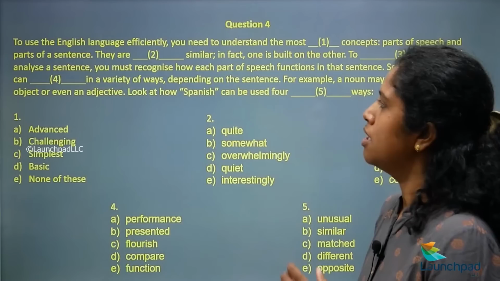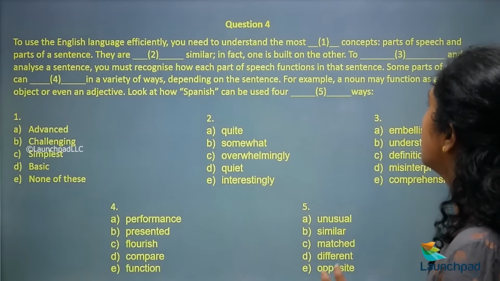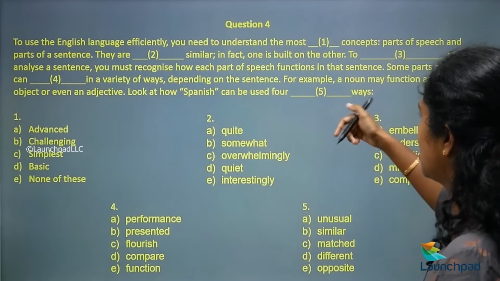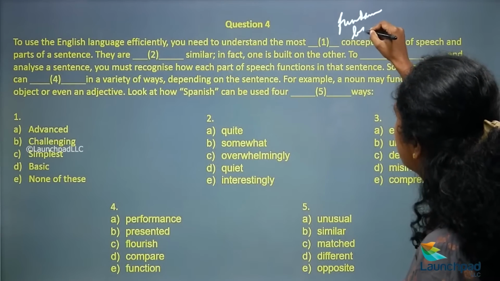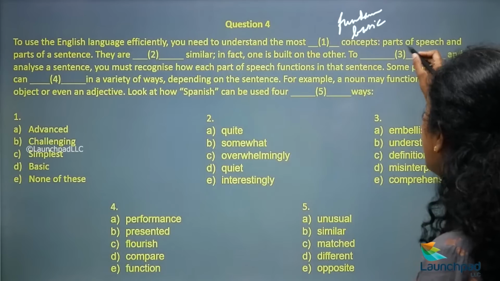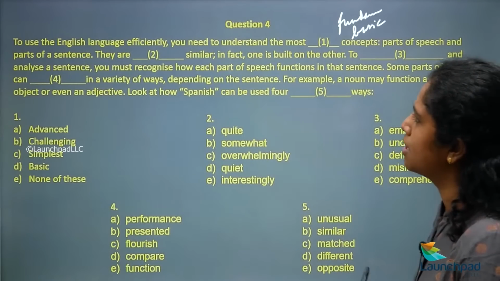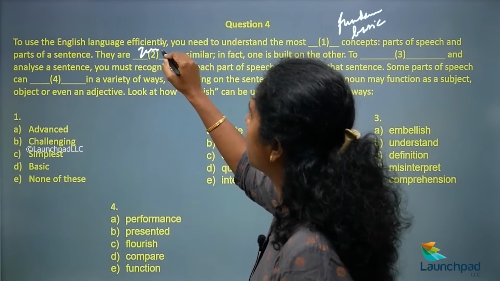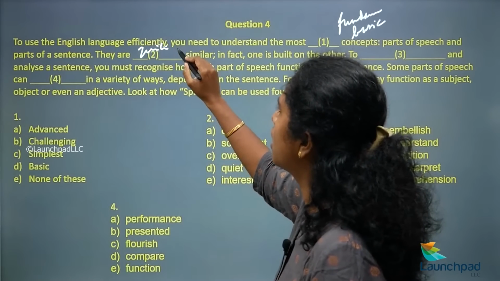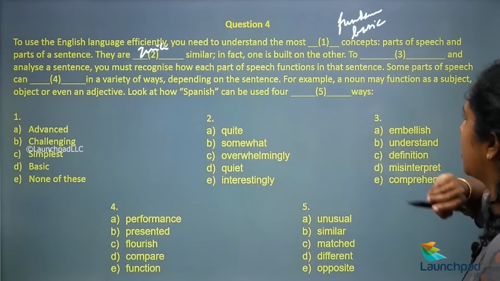Next. To use the English language efficiently, you need to understand the most dash concepts. Maybe it is fundamental, or some basic concepts. Parts of speech and parts of a sentence. They are dash similar. So they are probably quite similar. In fact, one is built on another.